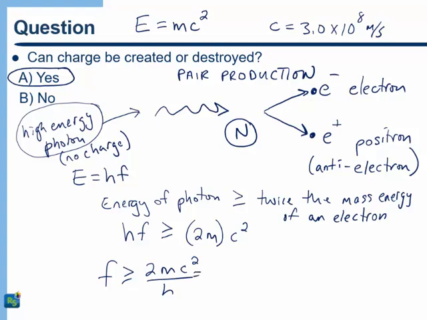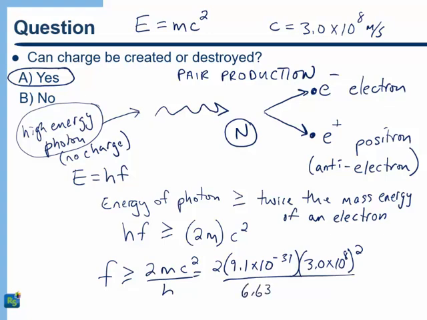And if we plug in the values, so I'm going to put in 2 times the mass of an electron for the positron and electron mass, times 3 times 10 to the 8th squared, speed of light squared, divided by Planck's constant, which is 6.63 times 10 to the negative 34th. And what we get is a frequency of 2.5 times 10 to the 20th hertz. So that is the minimum frequency required in order to get pair production. And again, that's an X-ray or greater photon.